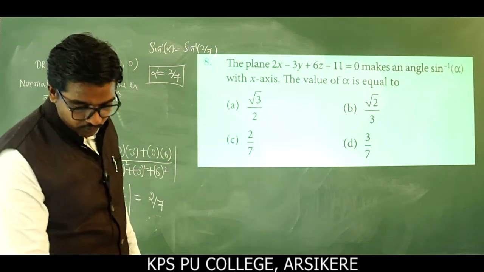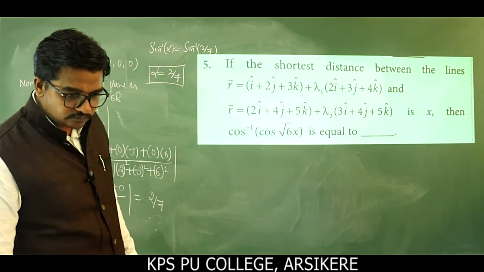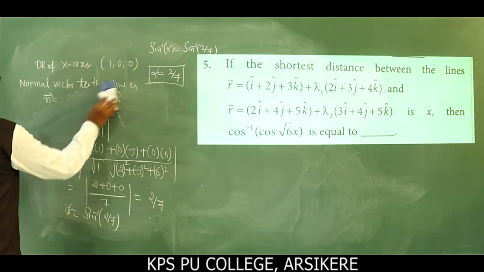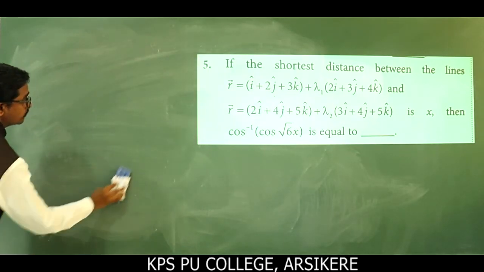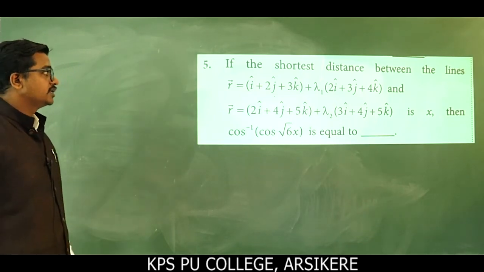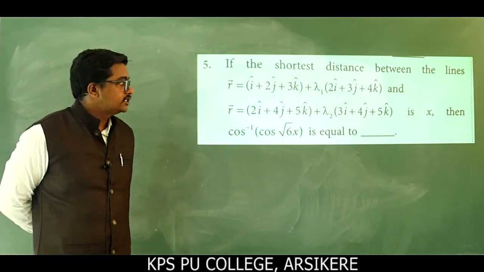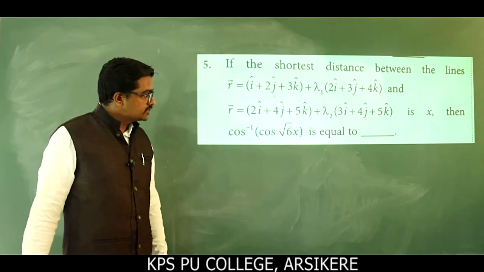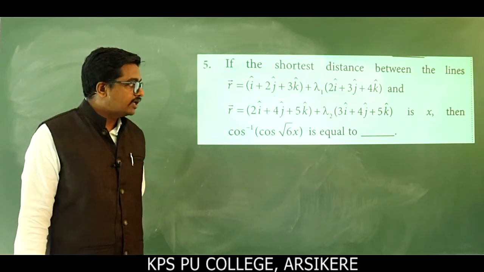Next dear children, we are moving to the next question. The shortest distance between the lines vector r is equal to i cap plus 2j plus 3k plus lambda 1 into 2i plus 3j plus 4k, and vector r is equal to 2i plus 4j plus 5k plus lambda 2 into 3i plus 4j plus 5k, is x.